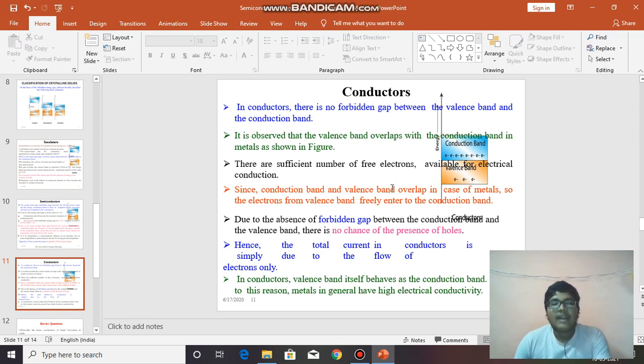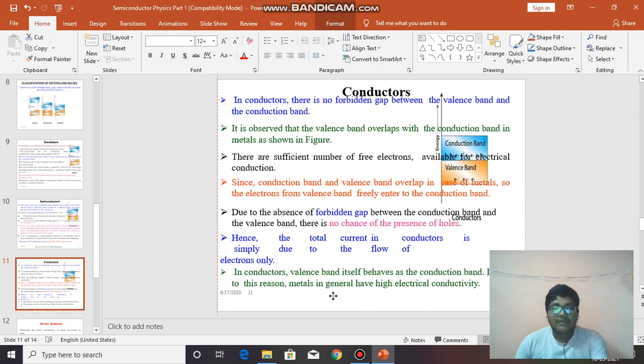Since the conduction band and valence band overlap in the case of metals, the electrons from the valence band freely enter the conduction band. Due to the absence of a forbidden gap between the conduction band and valence band, there is no chance of the presence of holes. Hence, the total current in conductors is simply due to the flow of electrons only.